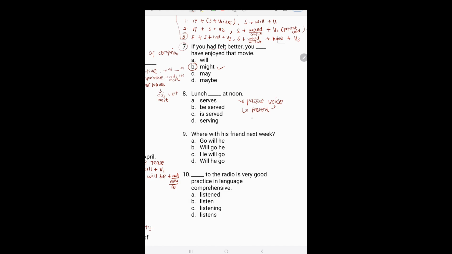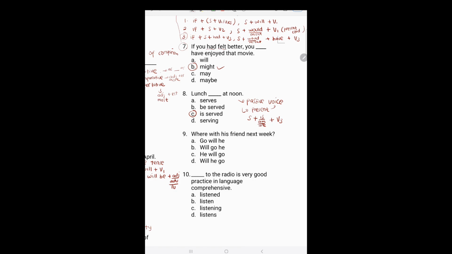So the pattern is subject plus to be present, is, am, or are, plus verb 3. So the best answer for number 8 is served.